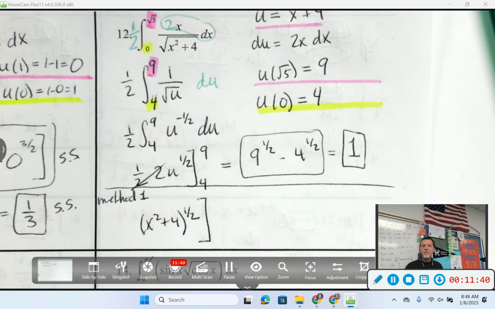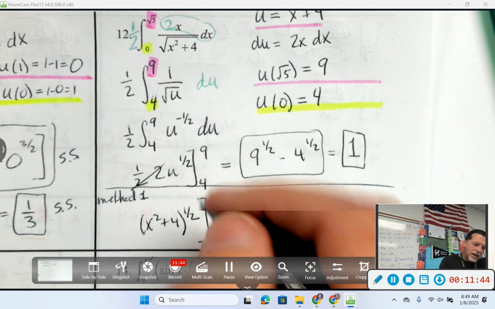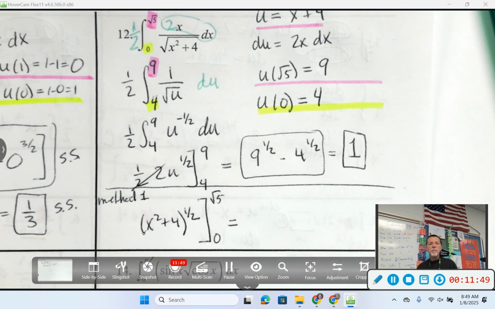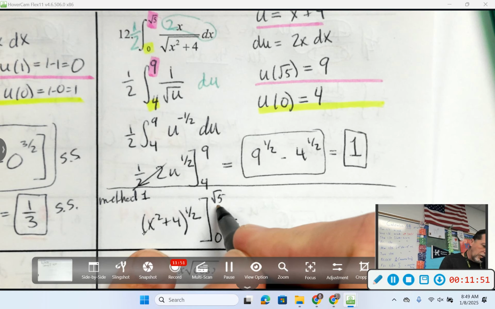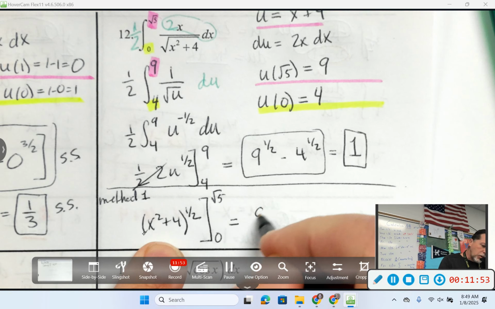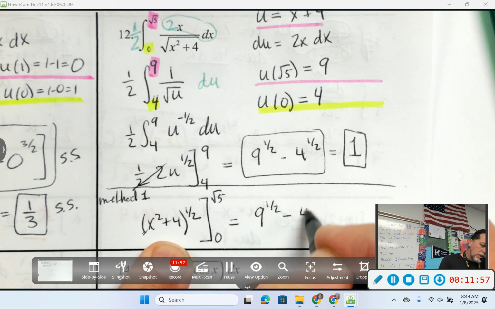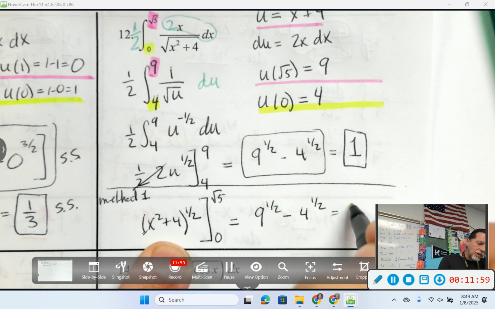What limits will I use? Yeah, square root of 5 and 0. Because now I'm doing an x problem. So let's see, root 5 squared is 5 plus 4 is 9. 0 squared plus 4 is 4. 4 to the 1/2. And you can see we get the same thing.